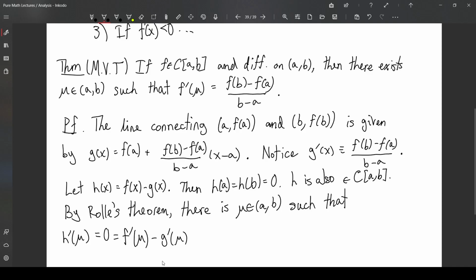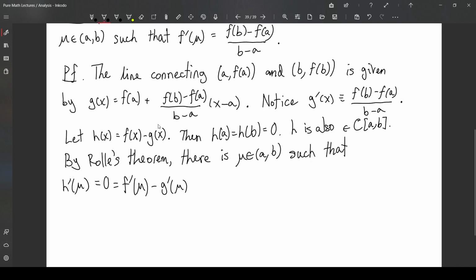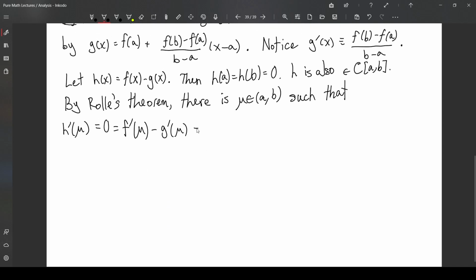Of course, again, I didn't prove this, but I left it as an exercise. This is a typical derivative rule. And g prime of mu, as we've already stated, is this expression, f of b minus f of a over b minus a.